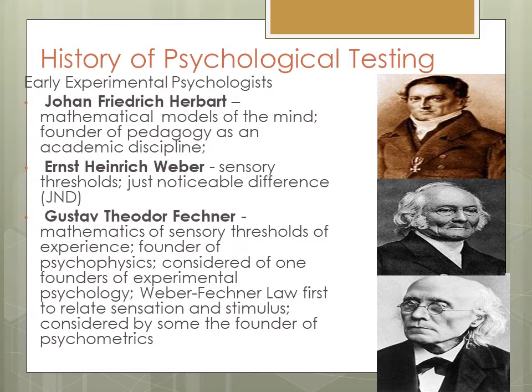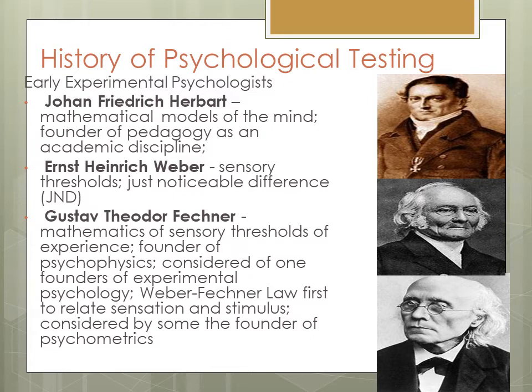And then next we have Gustav Theodor Fechner. He's also a mathematician. Here, he used mathematics of sensory thresholds of experience. He is the founder of psychophysics, and is considered one of the founders of experimental psychology. Together with Weber, he formulated the Weber-Fechner law, the first to relate sensation and stimulus, considered by some the founder of psychometrics.